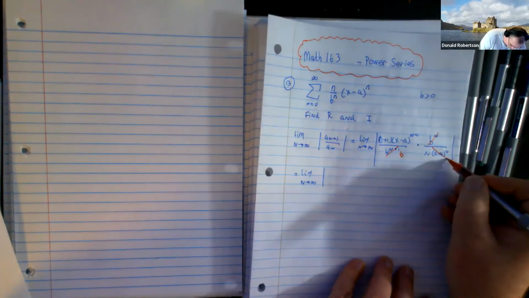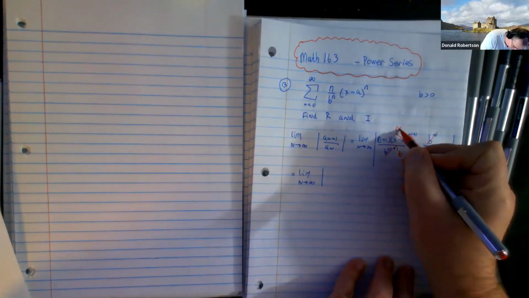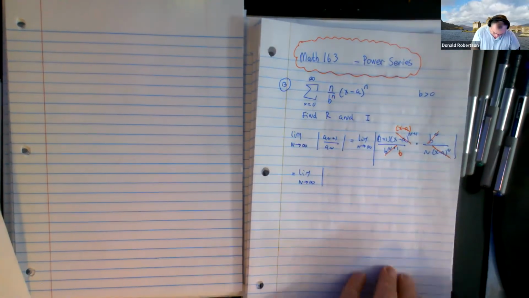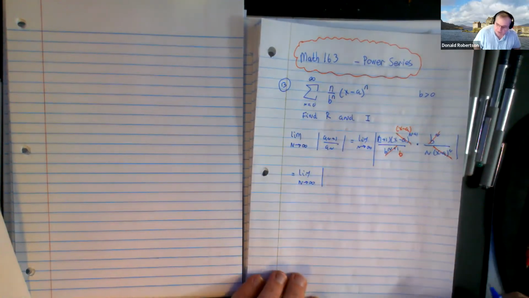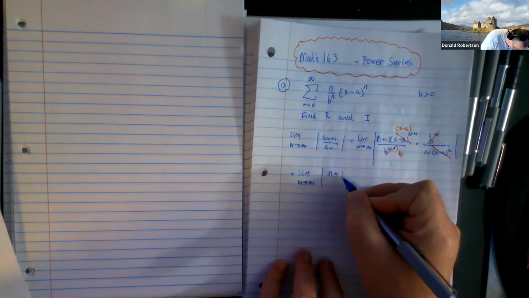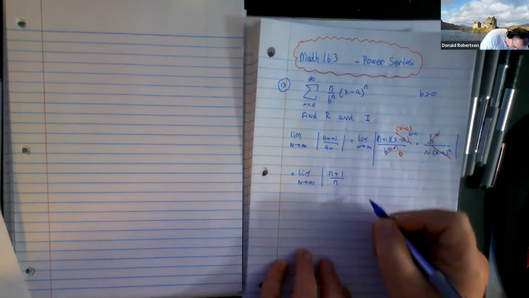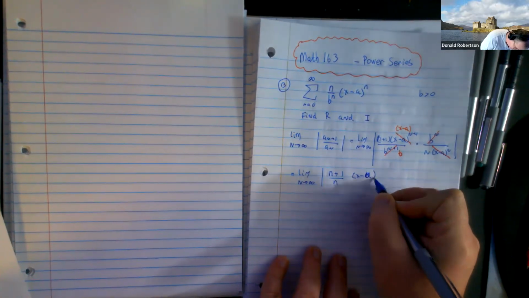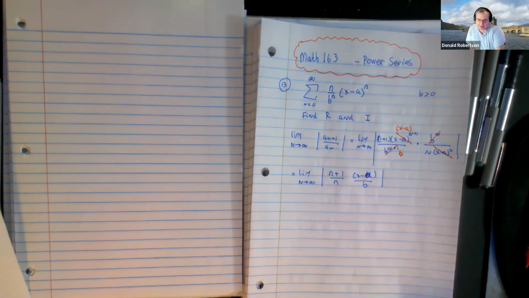Would you agree that the x minus A to the N and the x minus A to the N plus 1 cancel, and there'll be an x minus A left on the top? So far, so good. I tend to leave these guys here to the end. And what we've got essentially right now, oops, it's an A. Is that agreed? Just shuffling the cards a little bit.